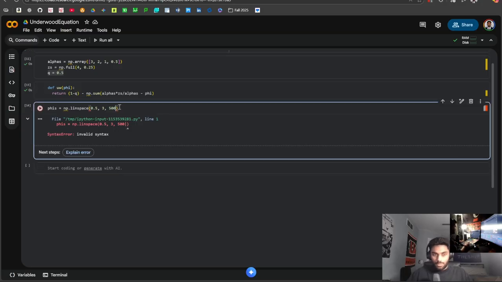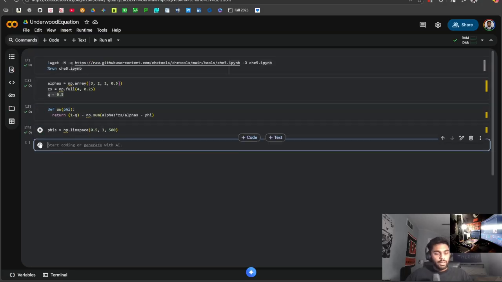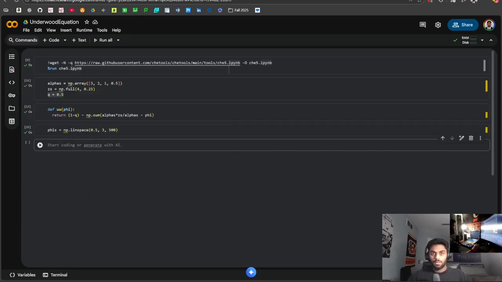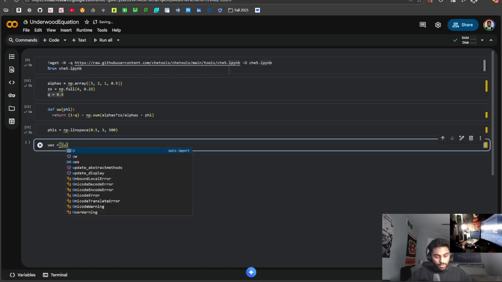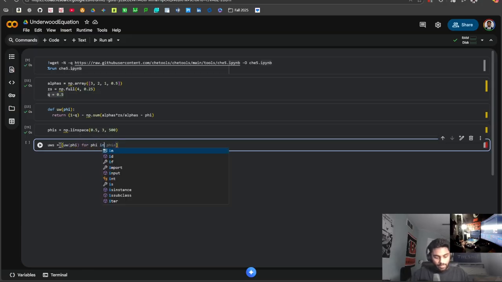Now, basically, what I want to do is compile all these values of phi and then plot them out into a graph. So the way I'm going to do that is I'm going to define a new variable called UWs, and this array is going to be equal to our Underwood function with an input of phi for phi in phi's.